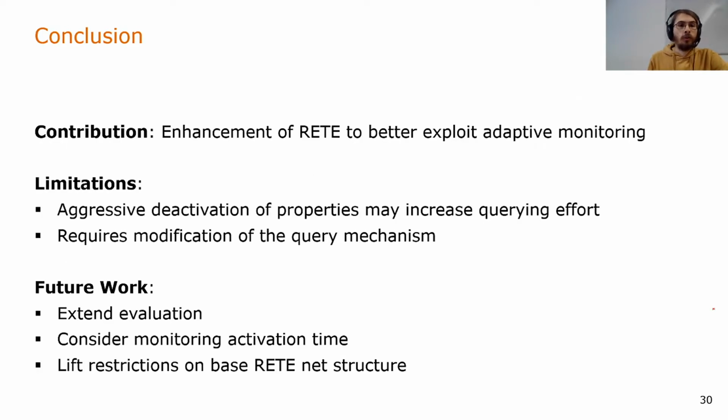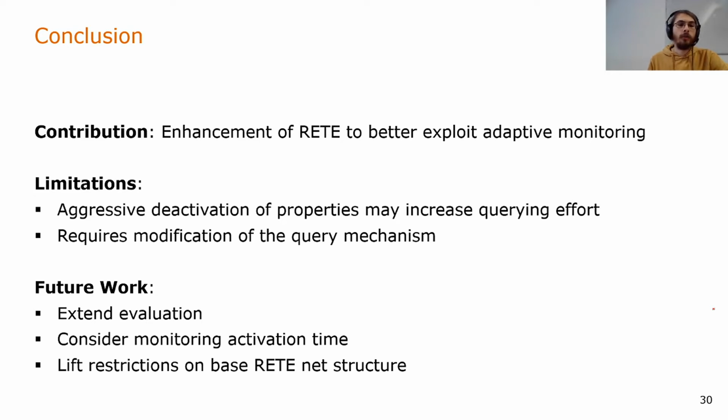So in conclusion, our contribution is an enhancement of Rete nets with the aim of better exploiting our adaptive monitoring approach, thereby minimizing sensing effort and, for our example, also reducing querying effort. However, this reduction in querying effort is not really generalizable.